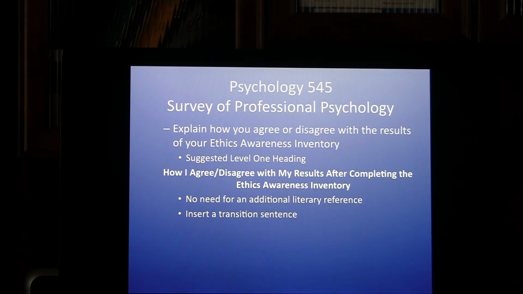Okay? There is no need for an additional literary reference for this particular main point or objective, because this is you explaining how you agree or disagree with your findings from the Ethics Awareness Inventory. And then insert another transition sentence.